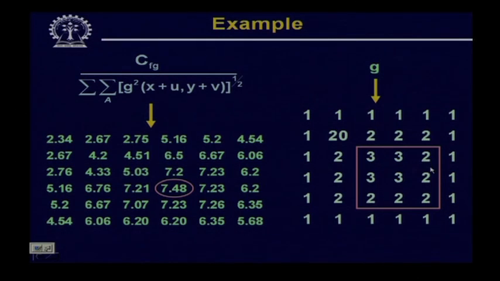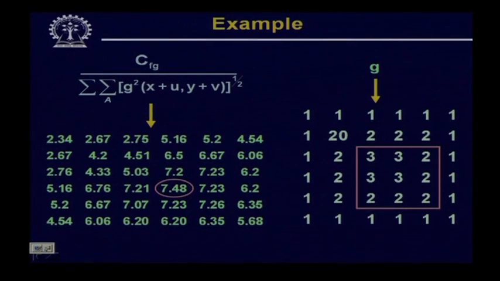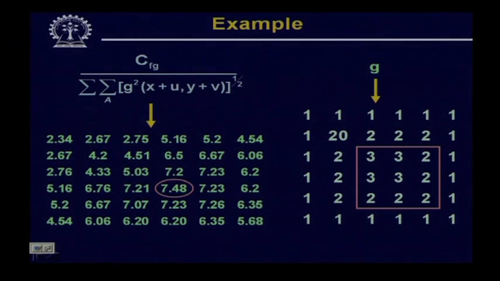Now you find that this is a perfect matching, where the similarity measure gives the perfect match and the template matches exactly. That is possible with the normalized cross correlation, but it is not possible using the simple cross correlation. So, the simple cross correlation cannot be used as a similarity measure, but we can use the normalized cross correlation as a similarity measure. Now, coming to the applications of this.